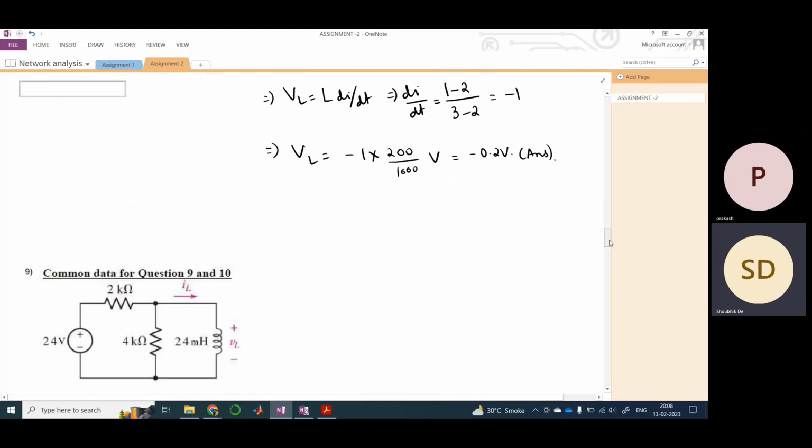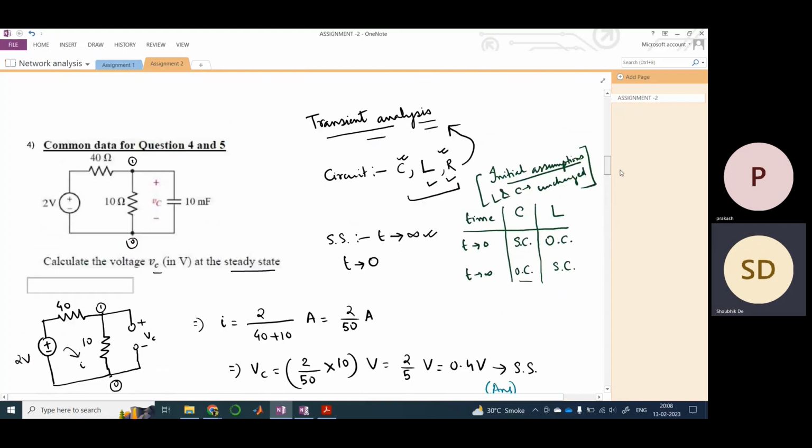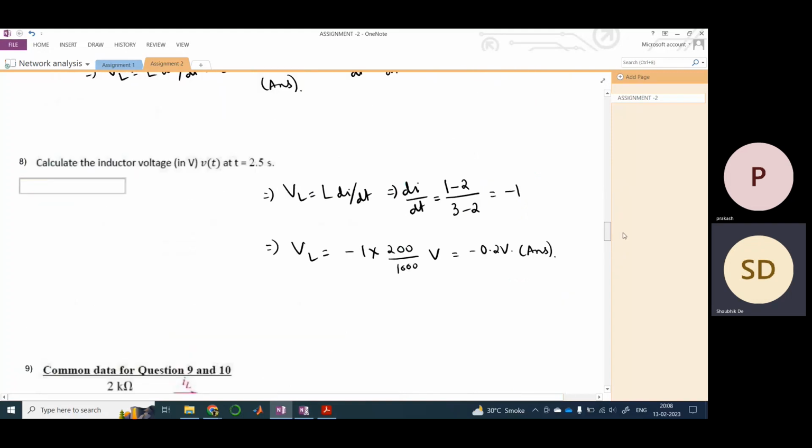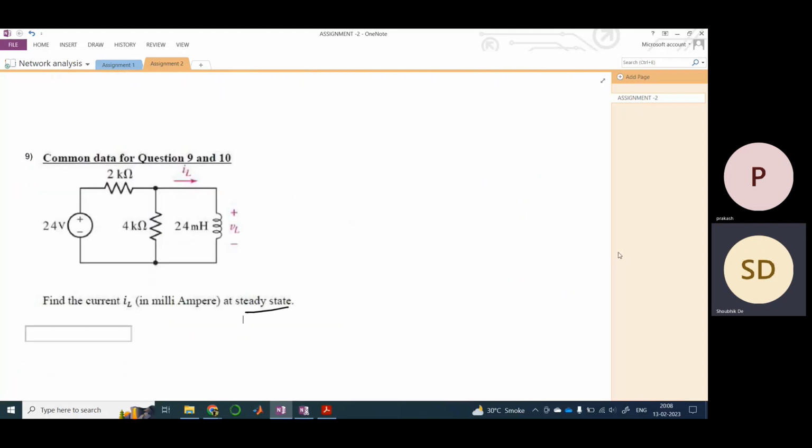We don't know what time it is, but it is a very long time. So that represents steady state. At t equals infinity, what is my inductor? It is a short circuit, right? We just need to remember this, and you need to solve this. So if I redraw the circuit, it would be something like this. This is of course at steady state.